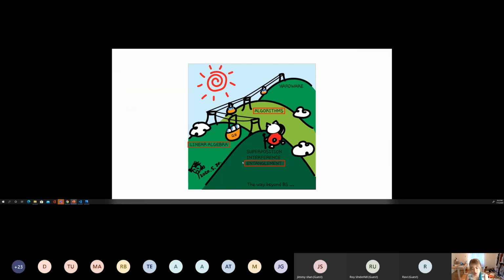So for today, we're going to go back to look at entanglement. We're going to do one more example that uses entanglement in our algorithm, and see how that is helpful. We have discussed previously the basic concepts like superposition, interference and entanglement.